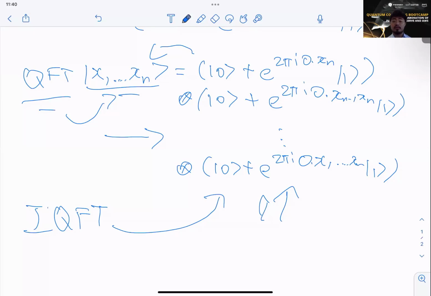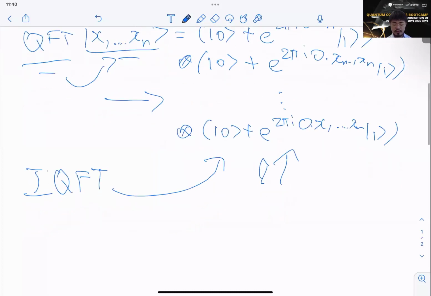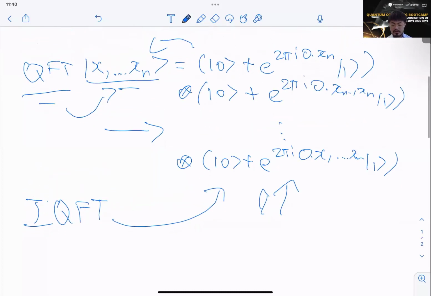If you don't understand, please just type it in the chat later and I'll go through it. Okay, so the important concept now is that with the inverse quantum Fourier transform, we can go from this representation back to the bit string representation.